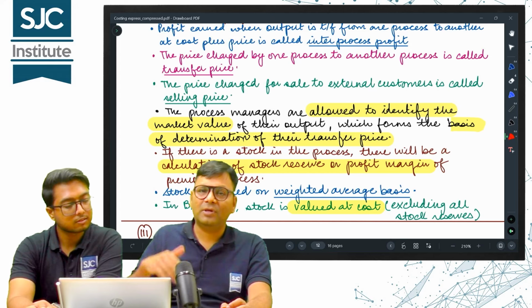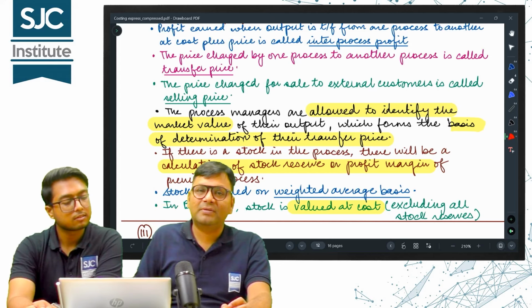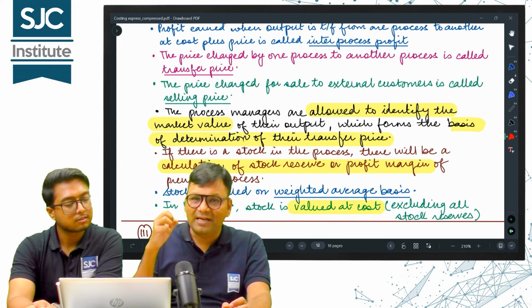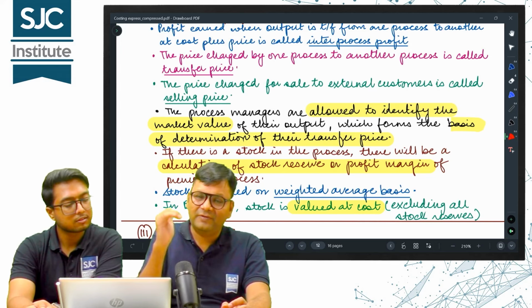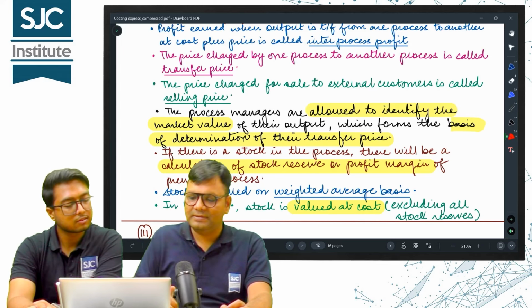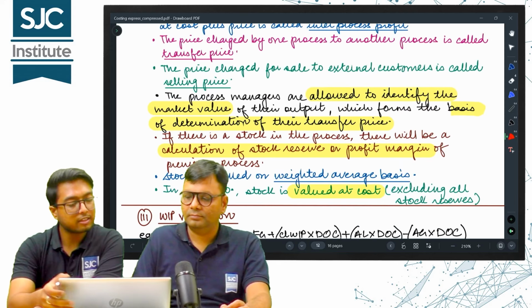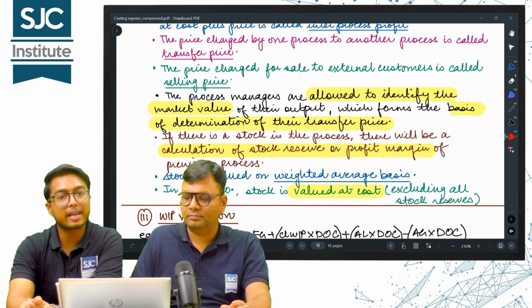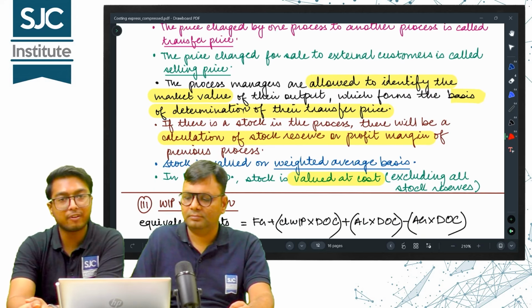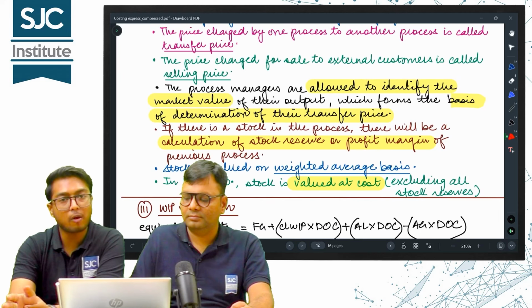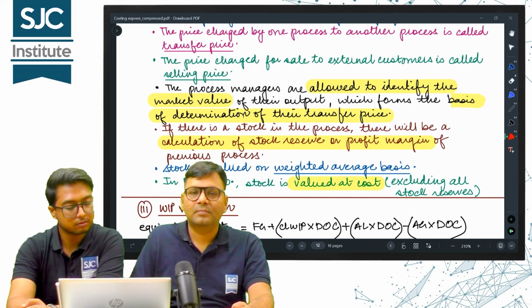In that case, they will go to the market and identify what is the possible fair price of such intermediate product, and that price will form the basis of their selling price or transfer price. If there is a stock in the process, there will be calculation of stock reserve or profit margin of the previous process. The stock is valued on a weighted average basis, and in the balance sheet of the company, the stock is valued at cost, meaning any profit reserve is removed.